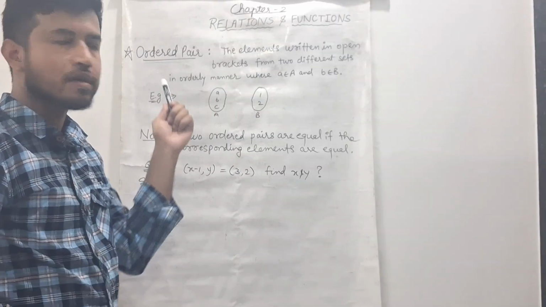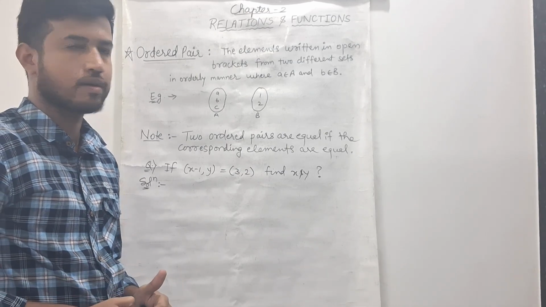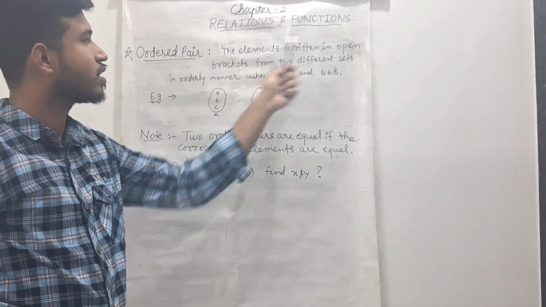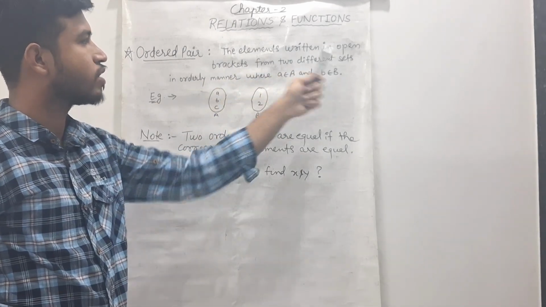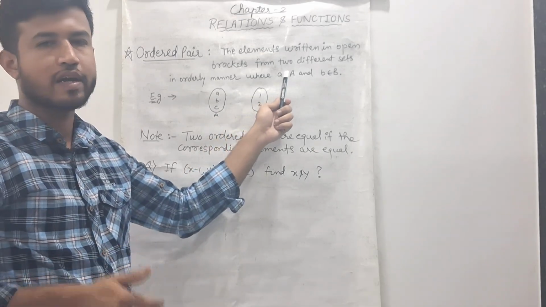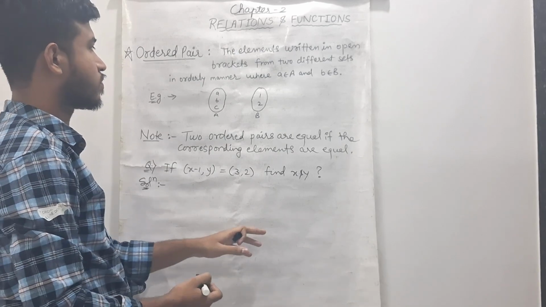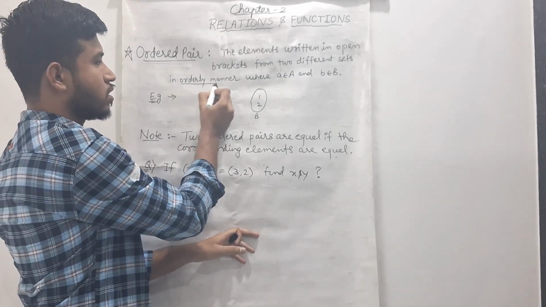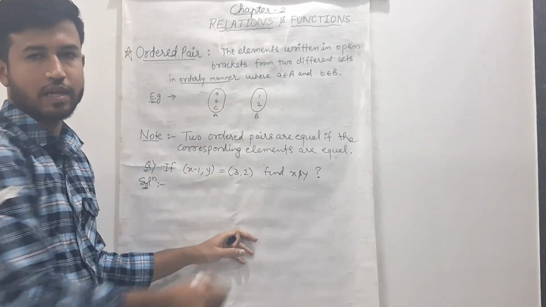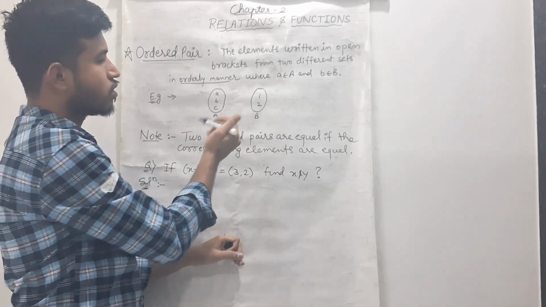So here we are defining what we mean by ordered pair in mathematical terms. The elements written in open brackets from two different sets in orderly manner, where a belongs to set A and b belongs to set B. This is an example. We have taken two sets in which elements are A, B, C, and 1, 2.